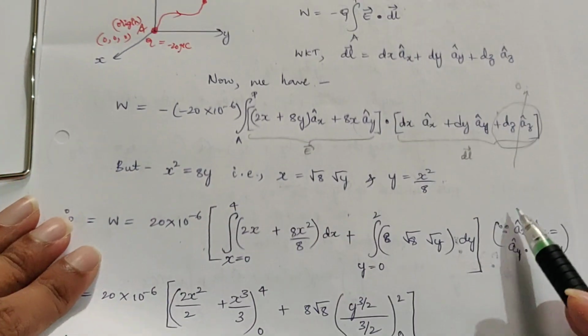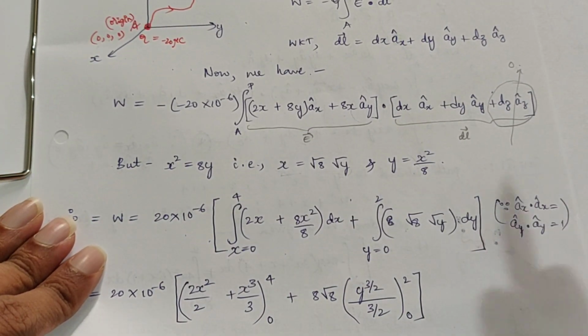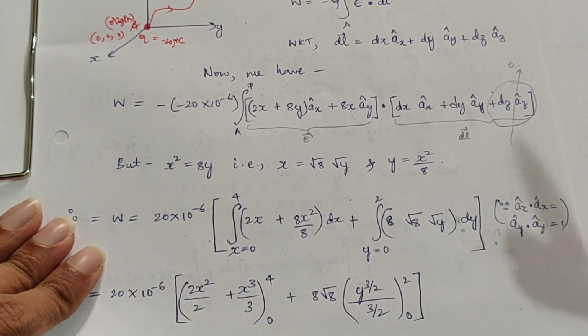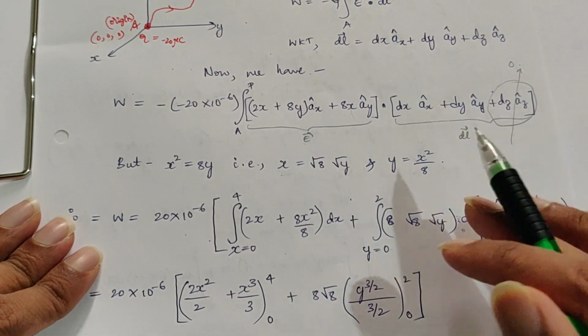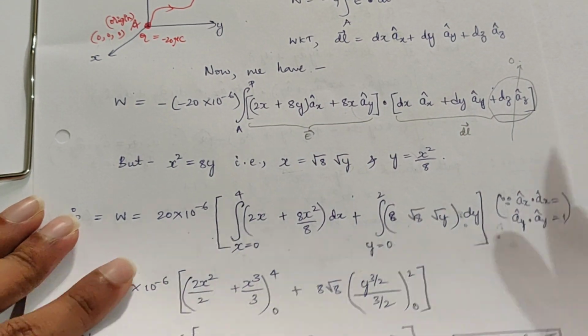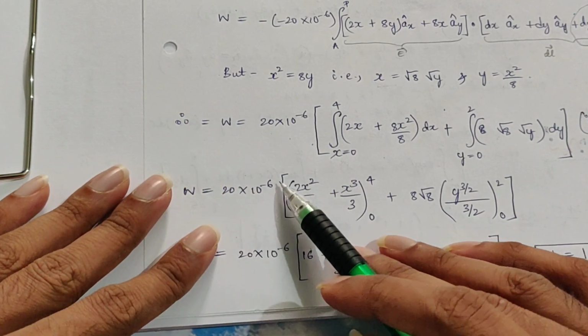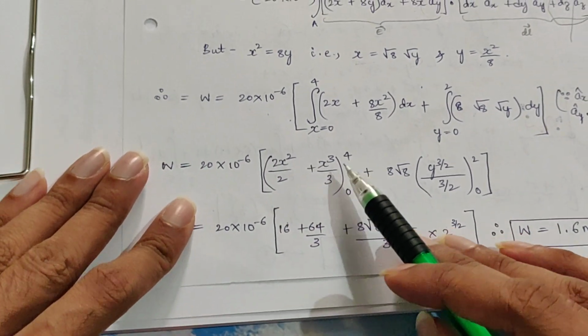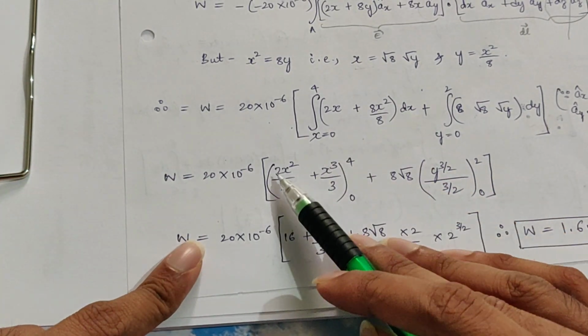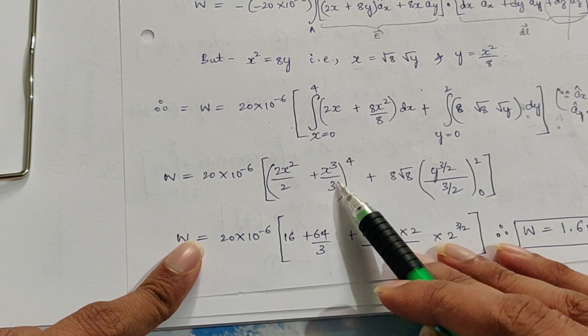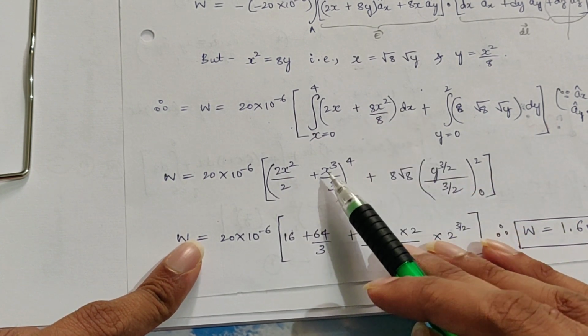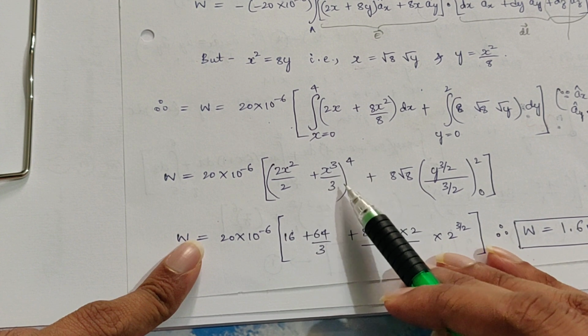I've done it. And you know the identities ax dot ax and ay dot ay is equal to 1, so that will boil down to 1. I have not substituted that here, but it is however there. Now I will integrate and apply limits. If I integrate 2x, I'll get 2x squared by 2. If I integrate 8x squared by 8, I will get x cubed by 3.